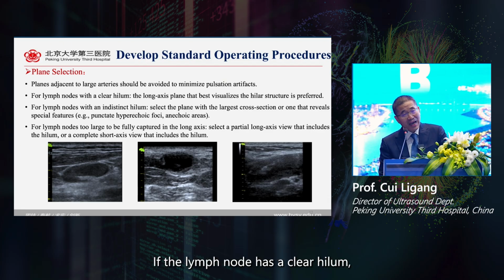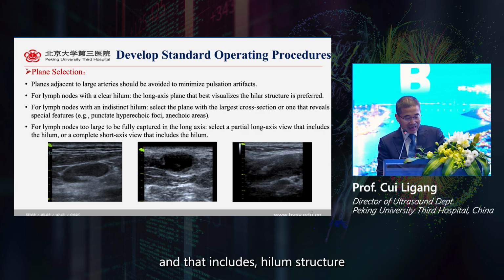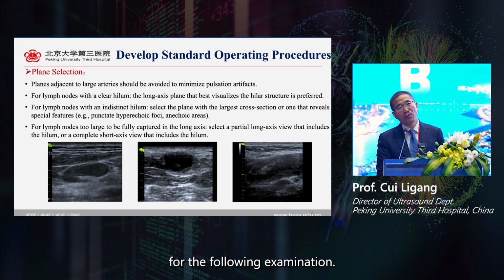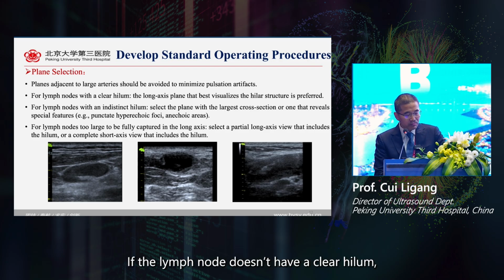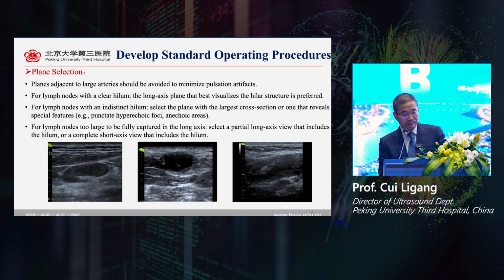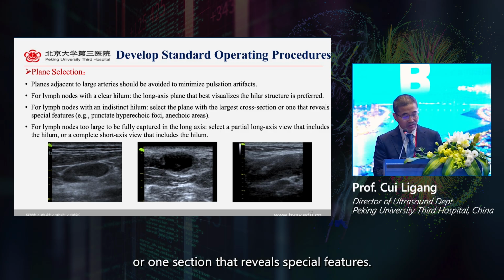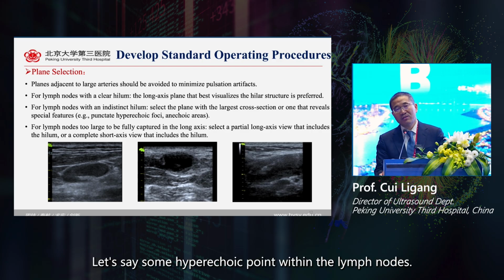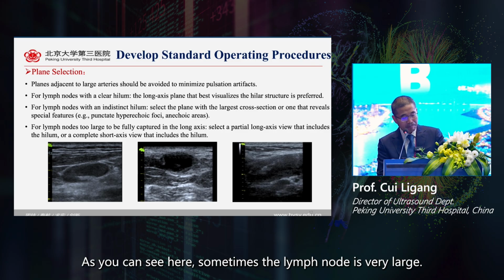If the lymph node has a clear hilum, we use the long axis view and include the hilum structure for the following examination. If the lymph node does not have a clear hilum, we select the plane with the largest cross section, or one section that reveals special features, let's say some hypoechoic point within the lymph node, as you can see here.